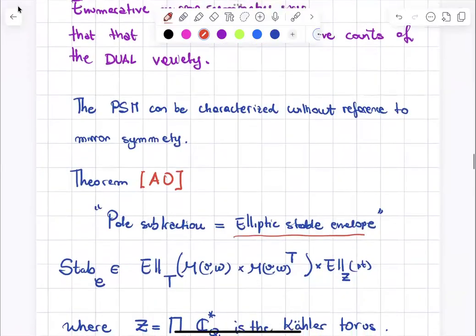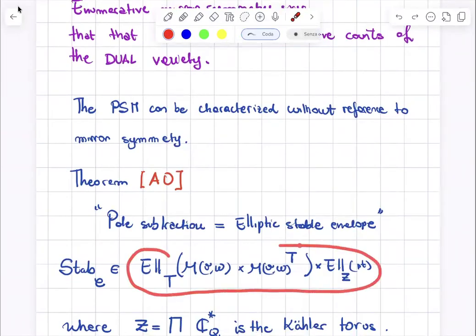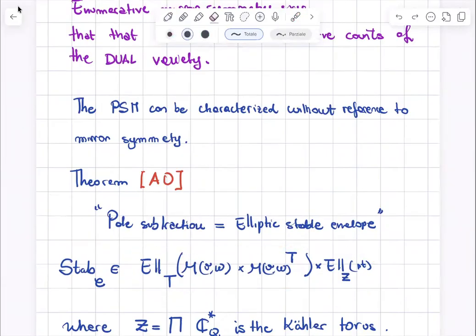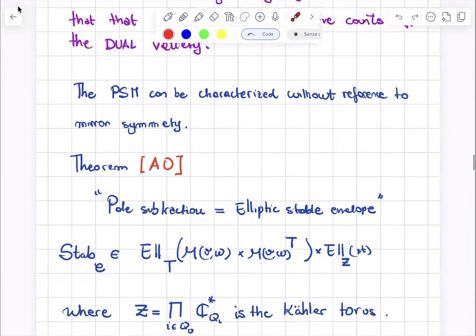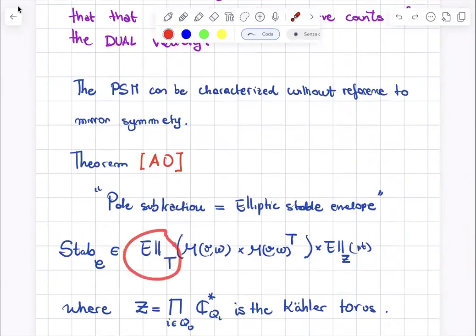So the elliptic stable envelope is a distinguished class in the equivariant elliptic cohomology of the Nakajima quiver variety tensored with its fixed locus. It can be thought of as a correspondence from the fixed locus of the quiver variety to the quiver variety itself, and it's a correspondence in elliptic cohomology.